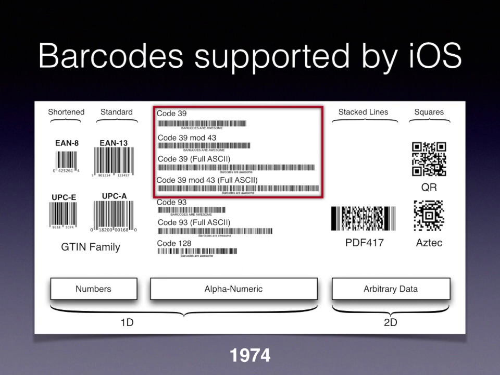Just a year after that was introduced, some companies thought, well, what about letters, if we are not satisfied with just representing numbers? So the very first, or the oldest, barcode symbology that supports more than numbers was Code 39.